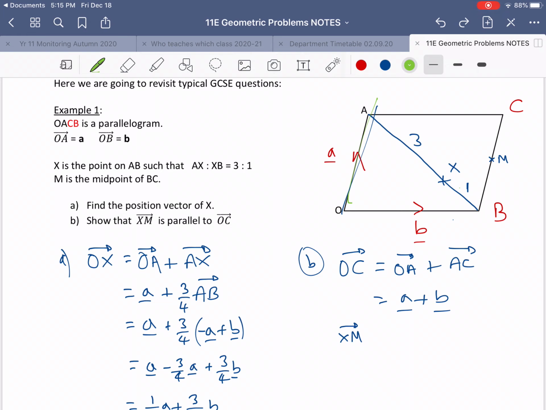So my X to M is going to be from X to B plus B to M. Now X to B, well, that's 1/4 of that whole line. It's a quarter of AB.